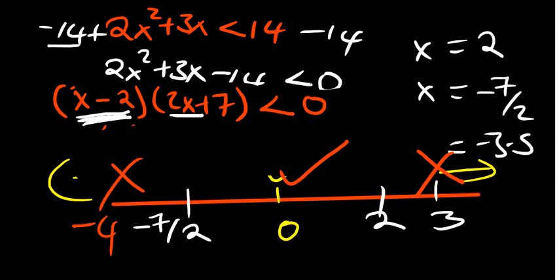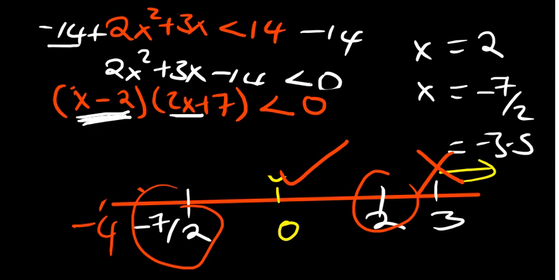So the possible values are between negative 7 over 2 and what? And 2. So how do you present your solution then? You are saying negative 7 over 2 is less than x, right? But x is also less than what? Less than 2.